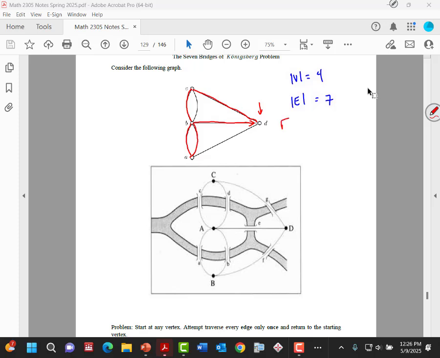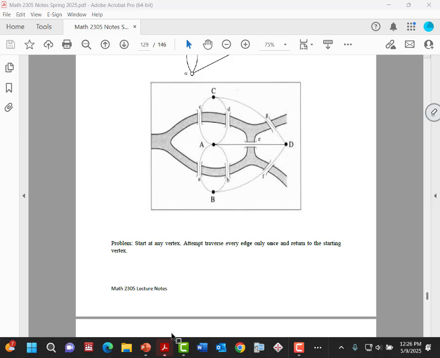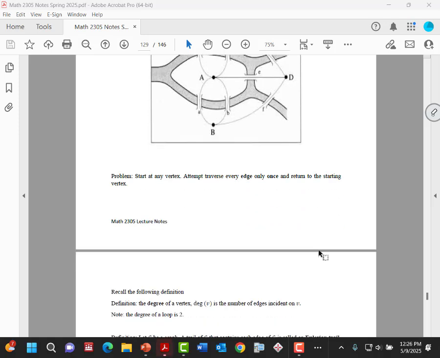Well, that was a fail on that instance, because I didn't traverse these two edges right there. So that's the motivation of this very interesting graph theory question. Can I traverse every edge only once and return to the starting vertex?